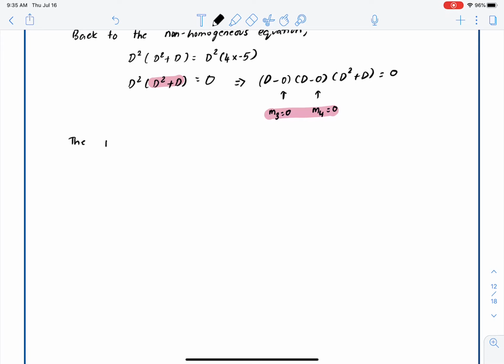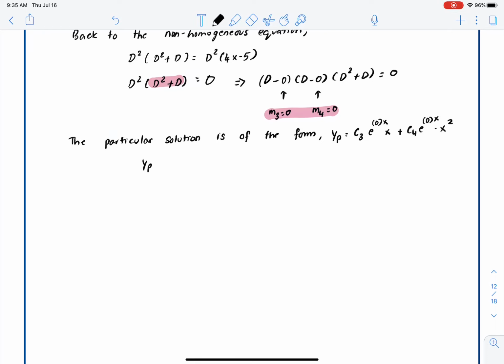So the particular solution is of the form yp, since we have repeating roots, c3 e raised 0x times x, c4 e raised 0x times x squared.